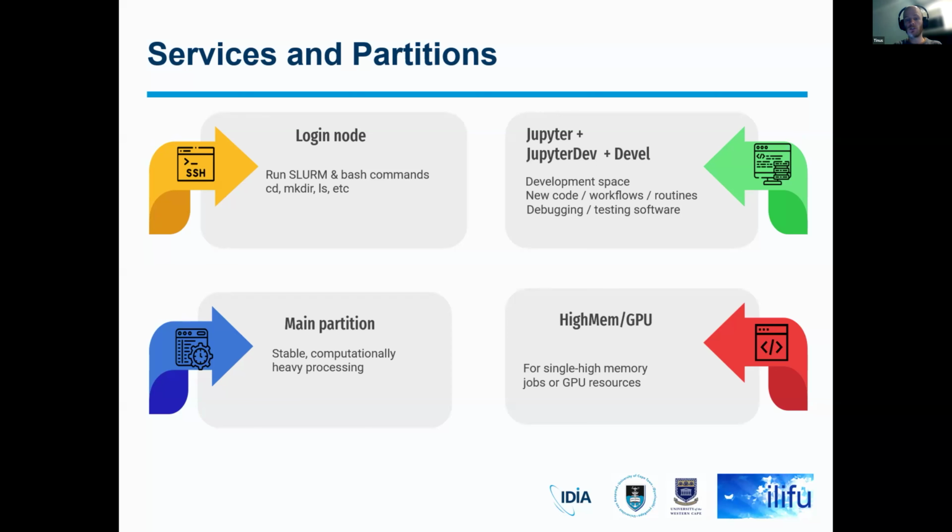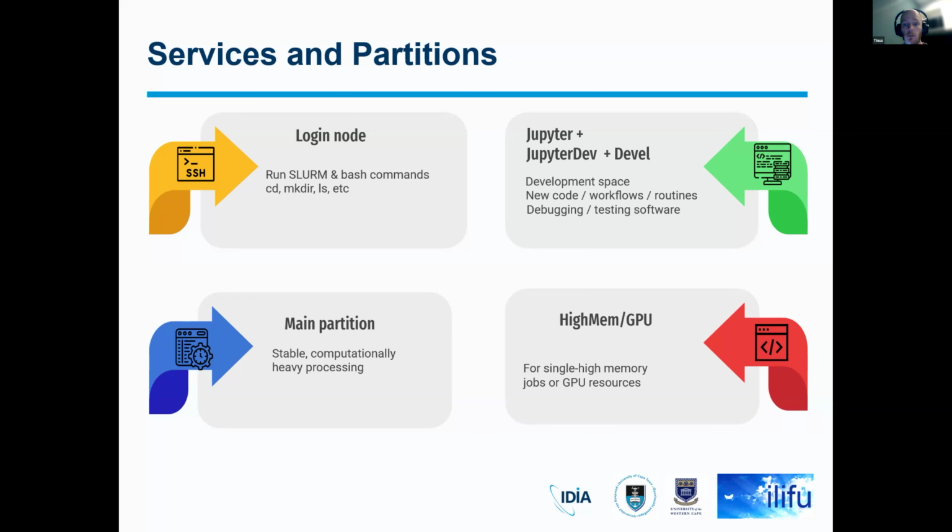Then you have the Jupyter partition where you can log in via the web browser. There's also a Jupyter development partition where you can test run Jupyter jobs, but without any dedicated memory. And then we also have the development partition, which I showed last time when I demoed interactive jobs.